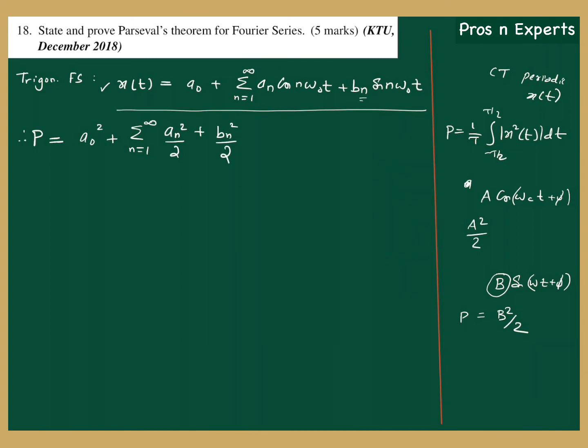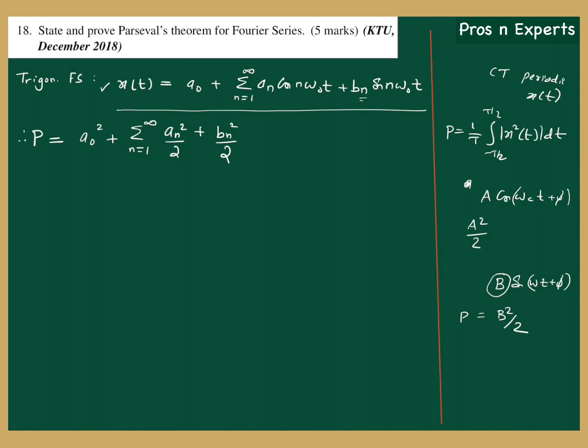So Parseval's theorem is a very useful theorem which relates the energy or power in time domain with that of the frequency domain. What the theorem says is the energy or power is conserved in both domains.